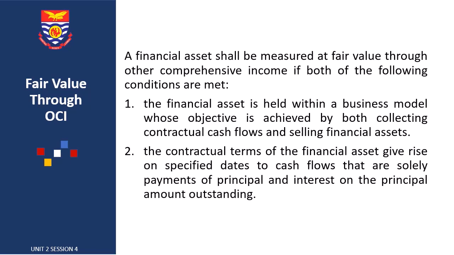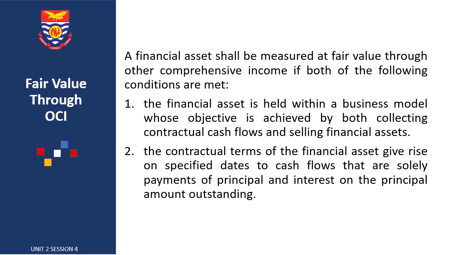Then the second condition is that the contractual terms of the financial asset give rise on specified dates to cash flows that are solely payment of principal and interest on the principal amount outstanding.